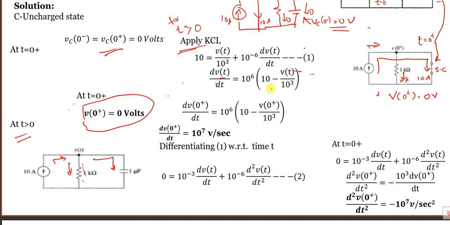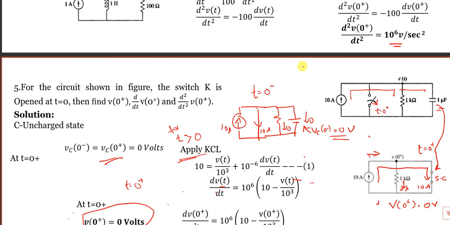Now it is C into dV by dt. C is micro, so 10 power minus 6, C dV by dt, and we have to find dV by dt at t is equal to 0 plus. You substitute at t is equal to 0 plus, this 10 remains as it is.